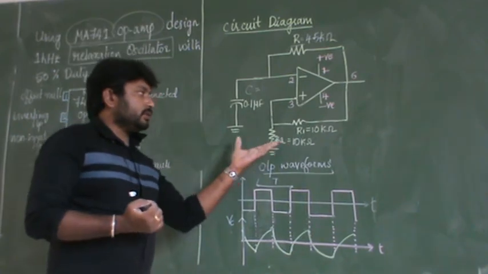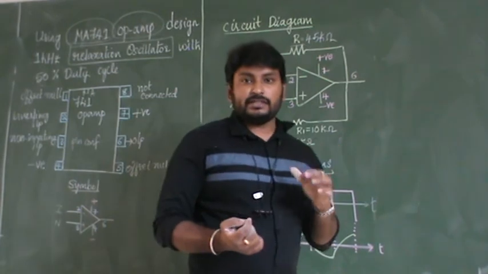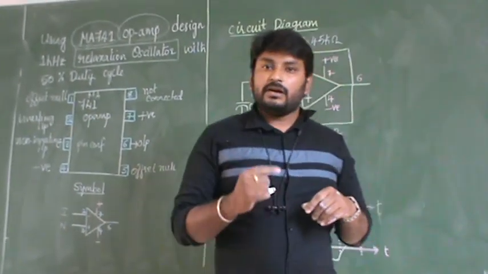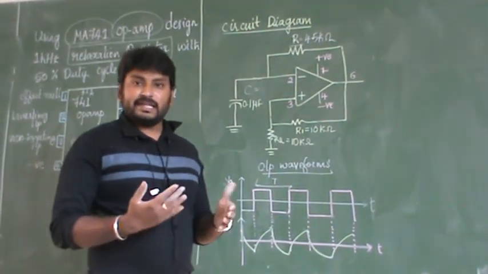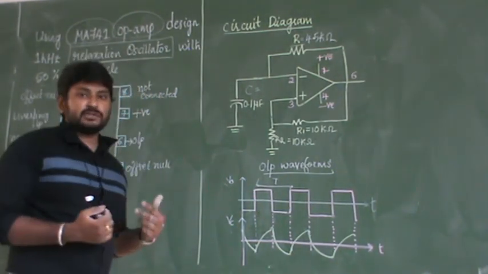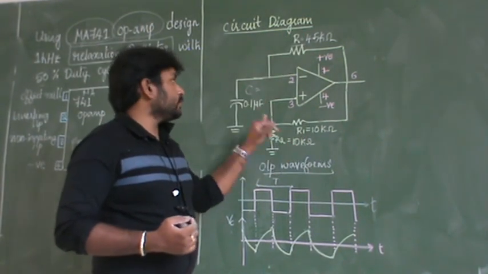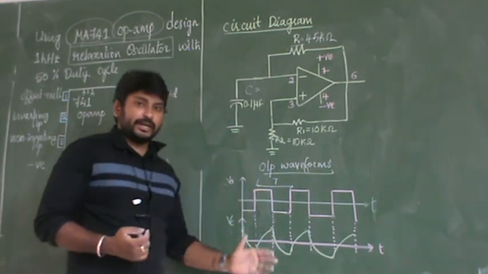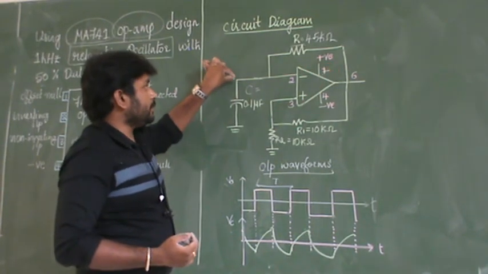To design it, we use one formula: capital T is equal to 2 RC natural logarithm of (1 minus beta) by (1 plus beta), where beta is nothing but R1 by R1 plus R2. By using those two formulas, we get the value of the feedback resistance by assuming some R1, capacitor, and also the T value.